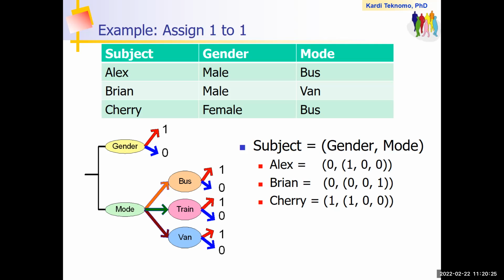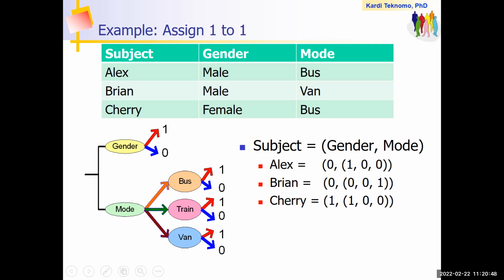Alex is male and will choose bus. Brian is male, will choose fun. Cherry is female, will choose bus. Then I need to assign these as coordinates. The coordinates are gender and mode.